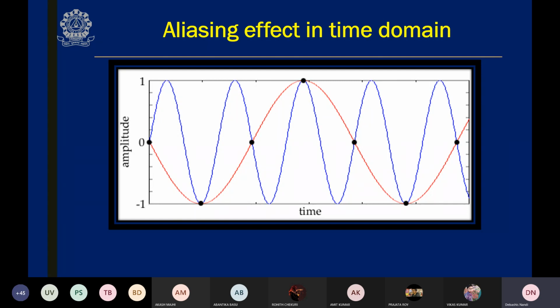This is the aliasing effect. I am giving you some sample values, and you reconstruct different signals from those sample values. But if the sampling interval is very small, with one sample value after another, then it will be difficult to reconstruct another signal. If you connect those points, you will get a unique signal.